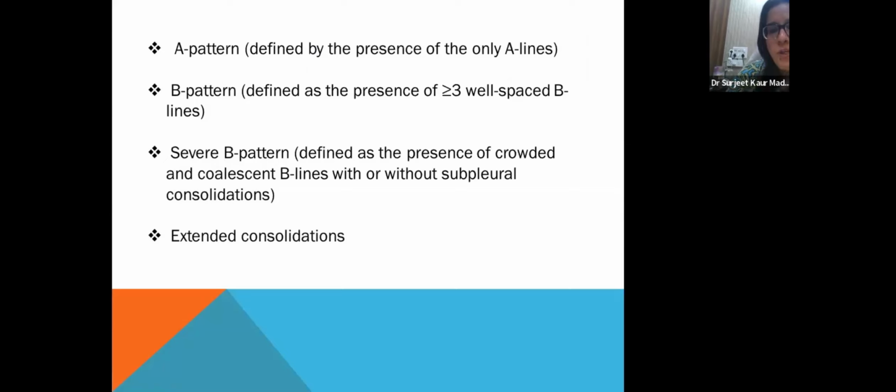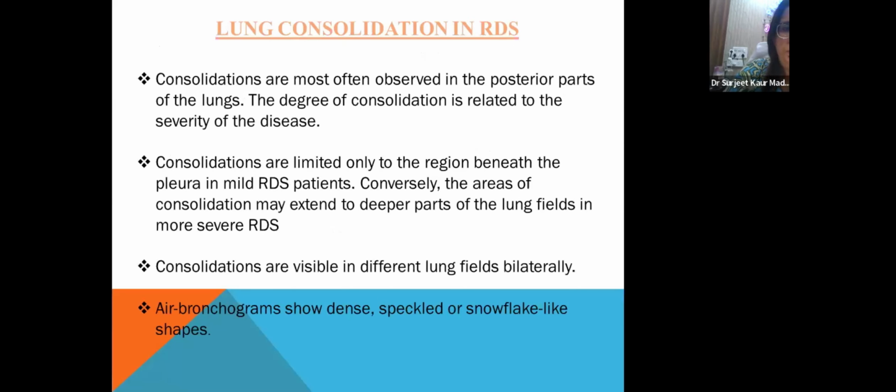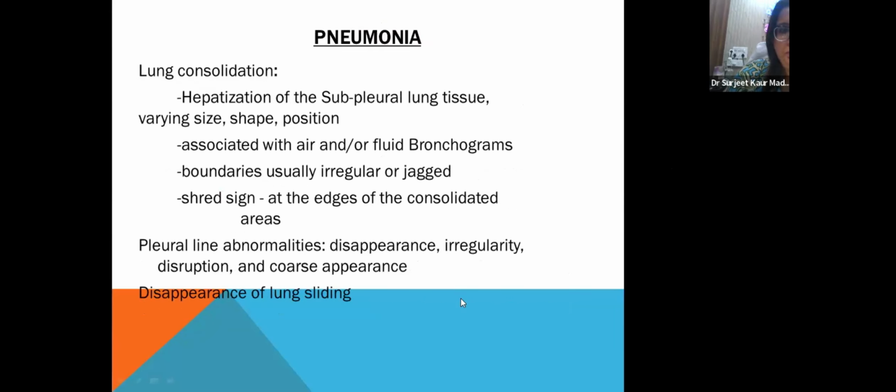So you have to correlate your clinical findings with your lung ultrasound pattern, and then you plan for surfactant. In some extreme cases of RDS, you can have extensive consolidations, and you can even have hepatization of the lungs.